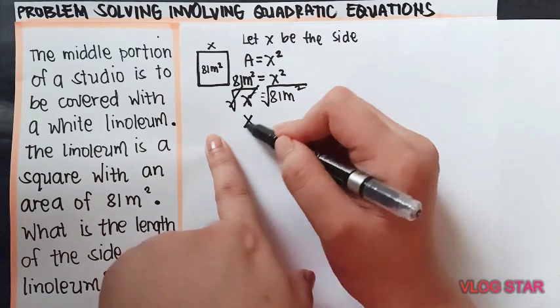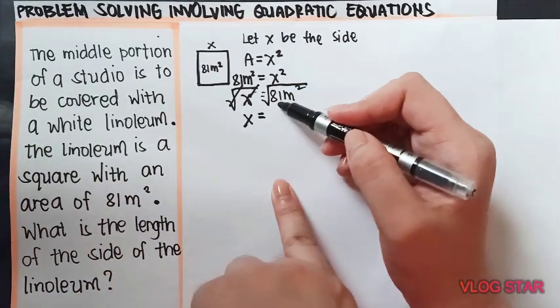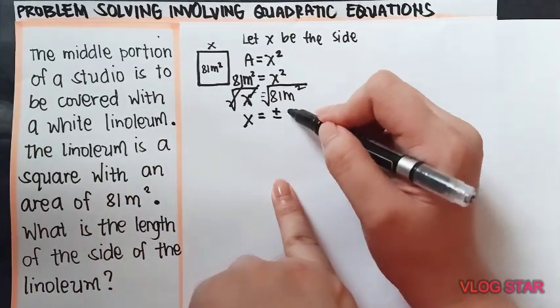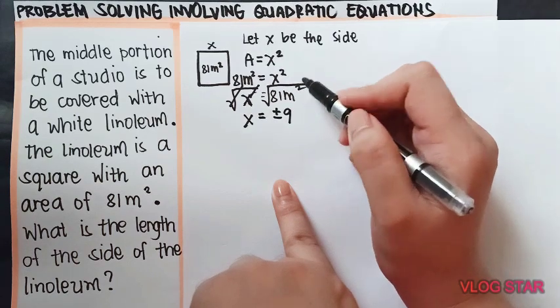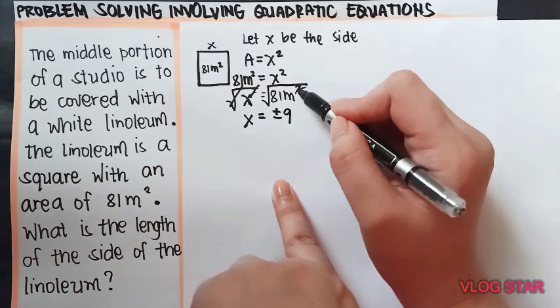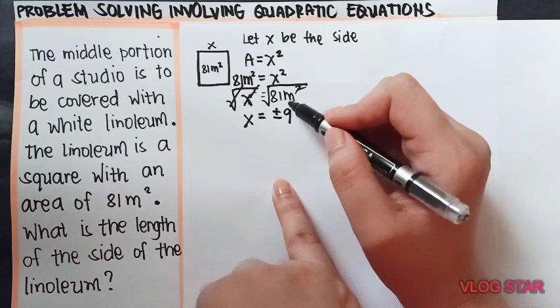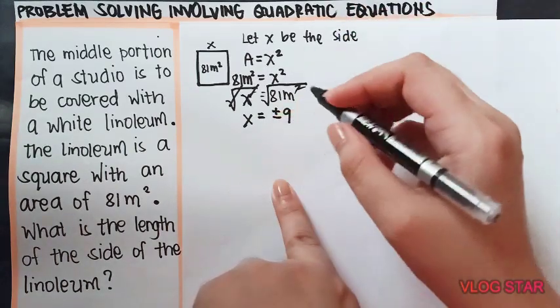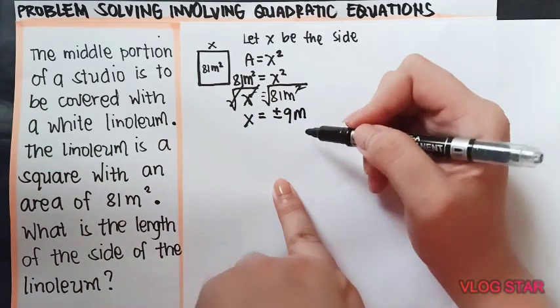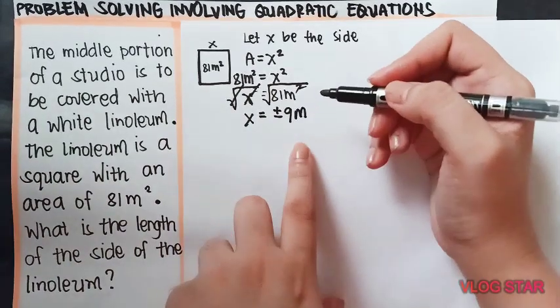So we have x equals the square root of 81, which is positive and negative 9, and then we can cancel the exponent of meter, and we can take this out of the radical sign. So positive negative 9 meters. Alright?